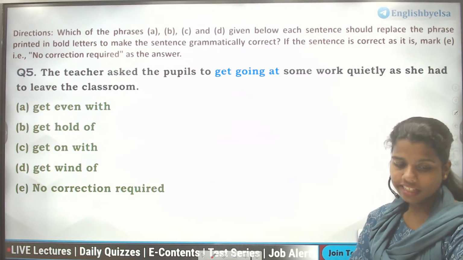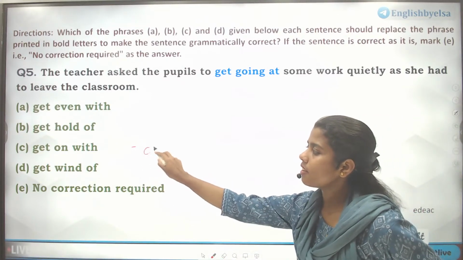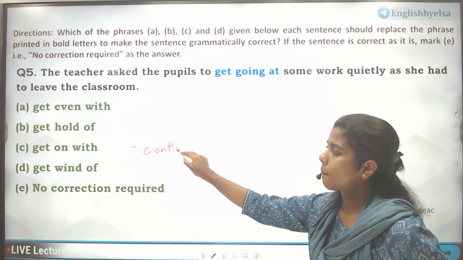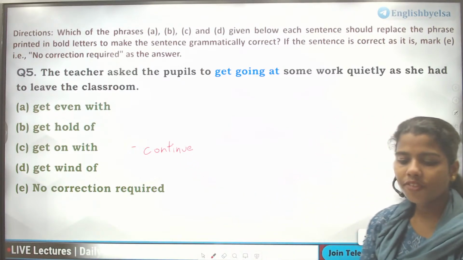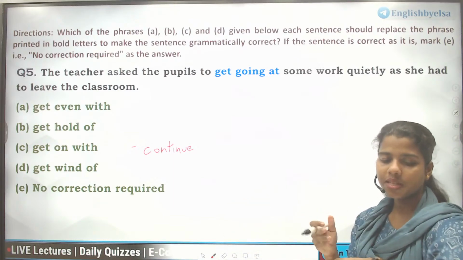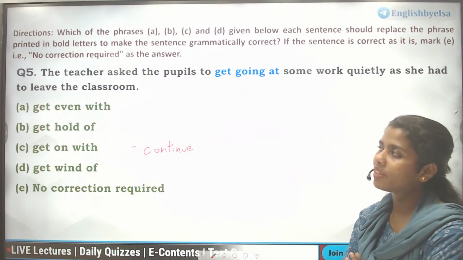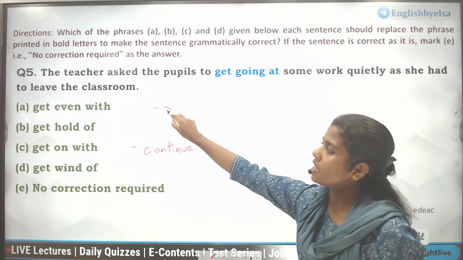Option C, get on with. That means continue with something. After an interruption, if I'm saying get on with something, that means continue doing it. Get even with means taking revenge.